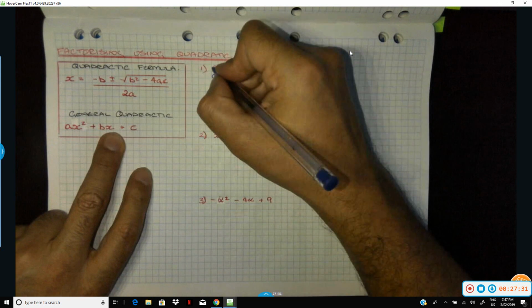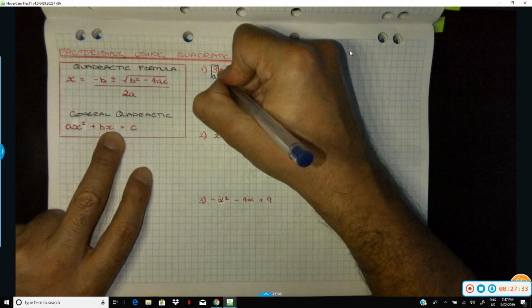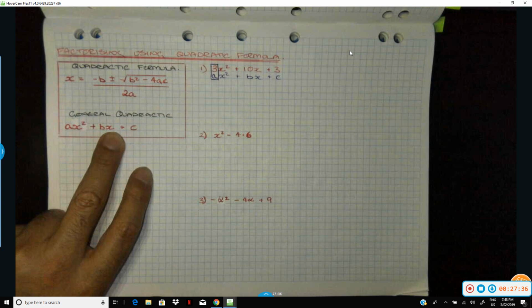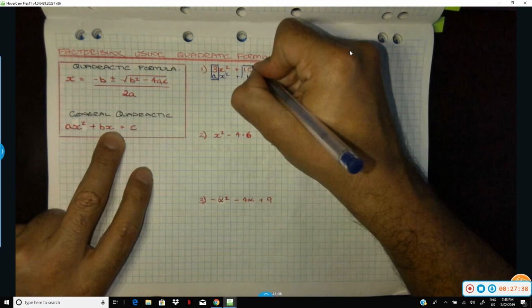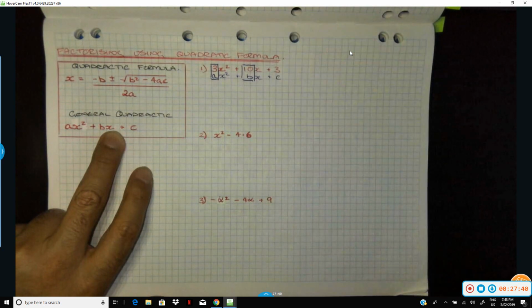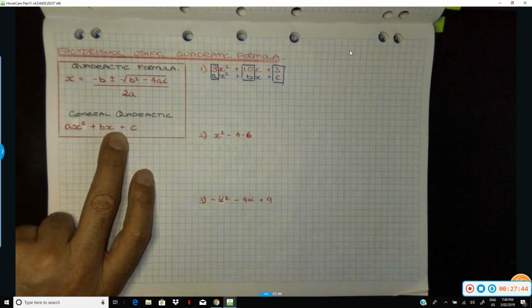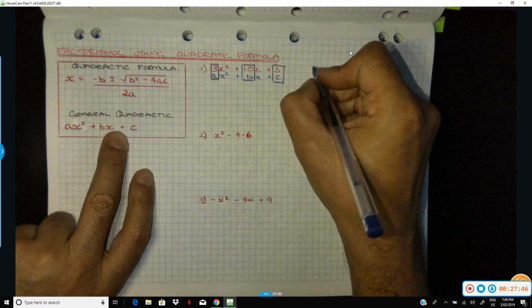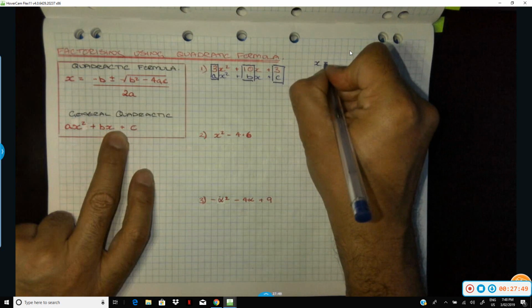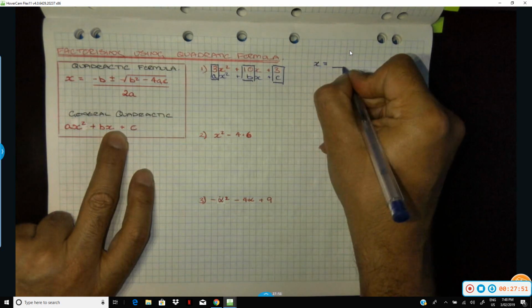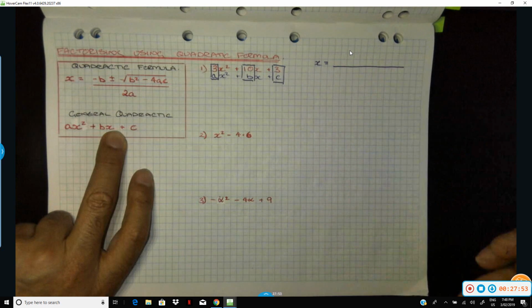That's the general formula. So if I write the general formula here underneath, we can tell that for this one, a is 3, b is 10, and c is 3. So if we were to write that into our quadratic formula, this is a formula that will always give us our solutions.